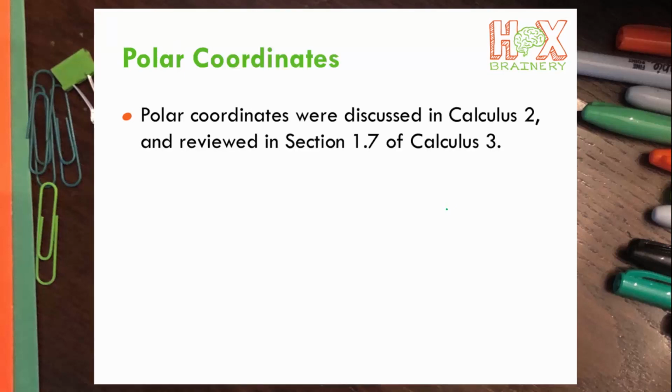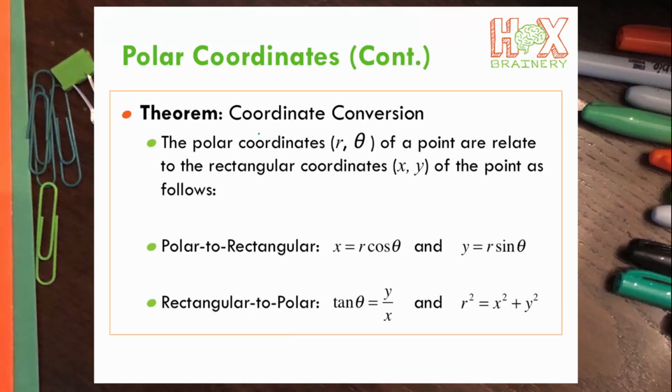All right, so polar coordinates is something we discussed back in Calc 2, and then we also reviewed it in section 1.7 of Calc 3. This was the theorem I had given you, and this is how we would convert back and forth between the two coordinates. So polar coordinates, those ordered pairs, are written as (r, theta).